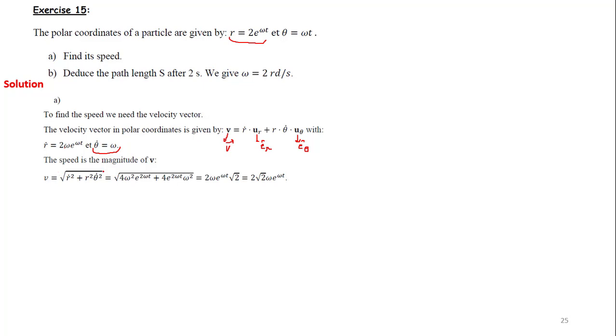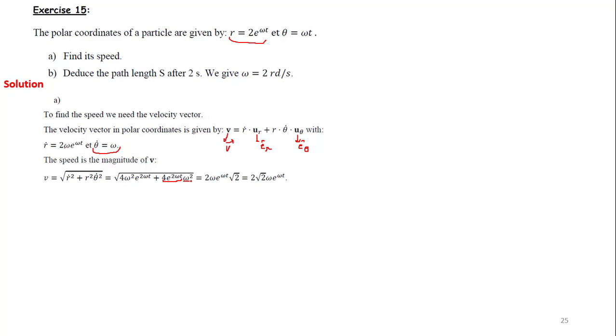It's equal to the radical of r dot squared plus r squared theta dot squared. So this term squared plus r squared, which is equal to 4e^(2ωt), times theta dot squared, which is ω squared.